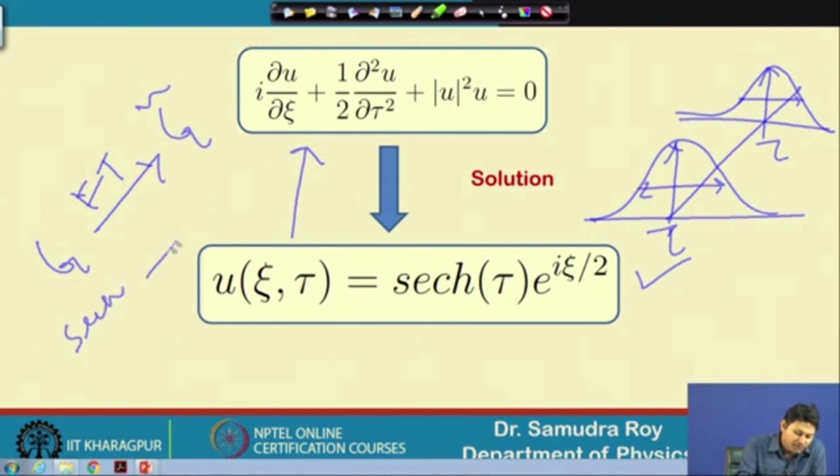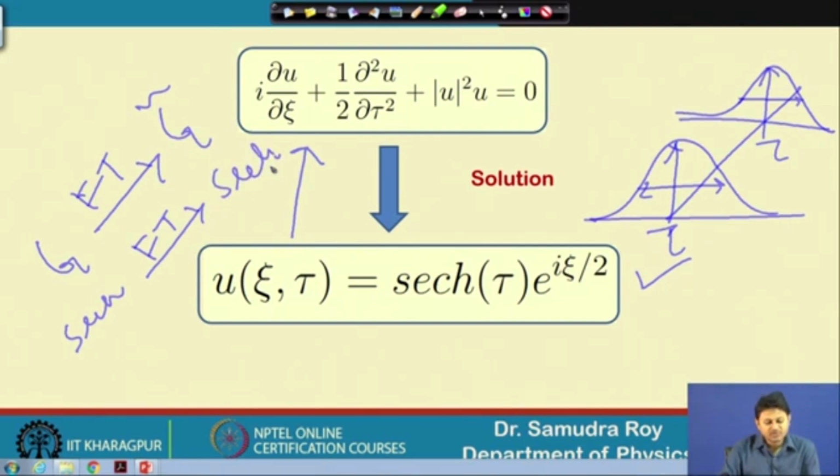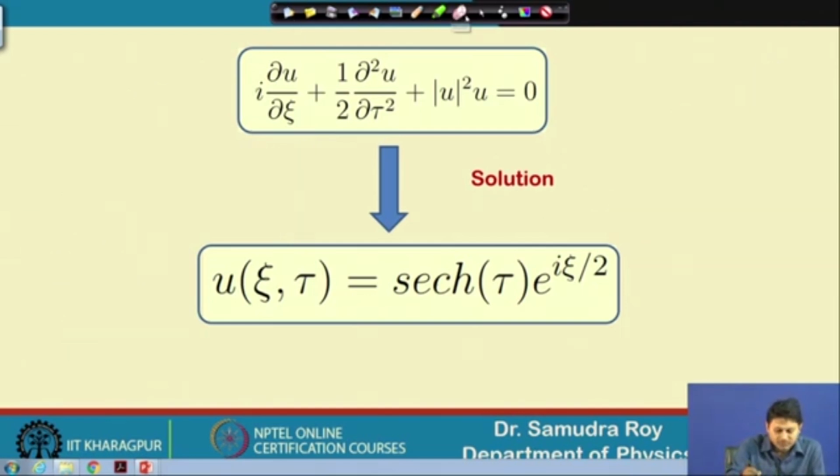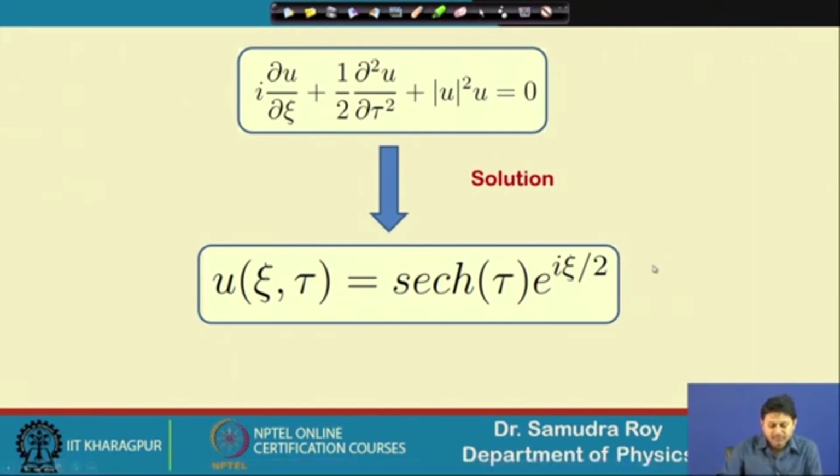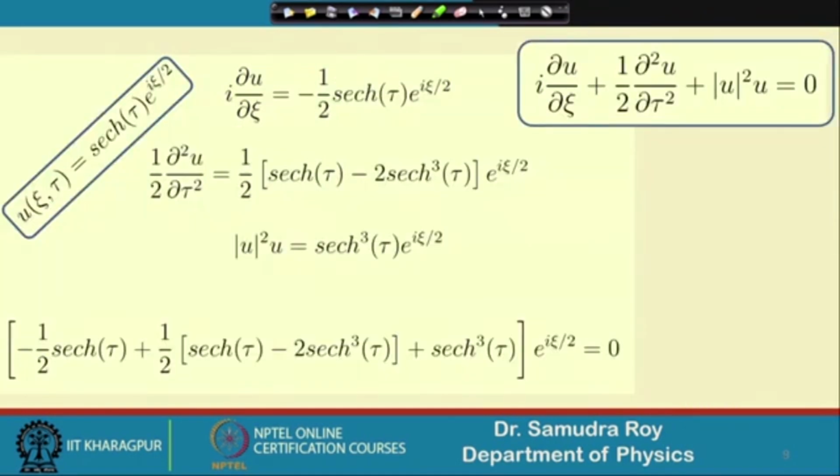If I make a Fourier transform of it, I will also get a sec hyperbolic function. There are a few typical functions whose Fourier transform gives you the similar form. So, this basically tells you that if a sec hyperbolic pulse is launched and governed by this equation, in the frequency domain also its shape will be preserved, which is basically a condition of an optical soliton.